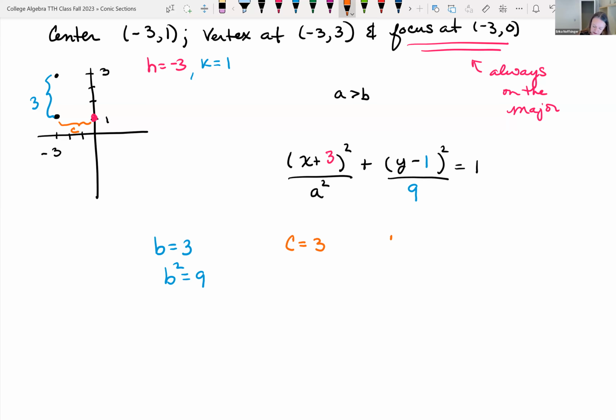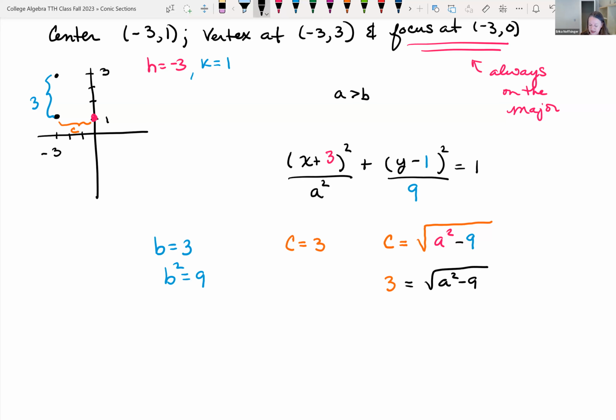Okay, c though is equal to the square root of the larger value, a squared, minus the smaller value, in this case, which is 9. So I want to figure out what a is. Once I know what a is, I have this equation of my ellipse. And so I can put in here 3 is equal to the square root of a squared minus 9.